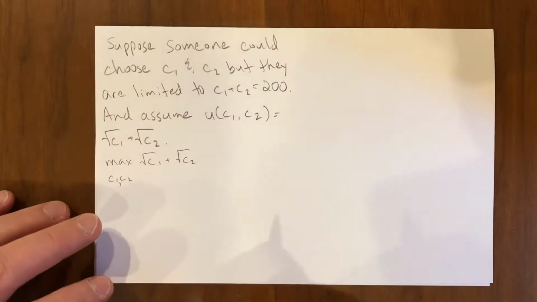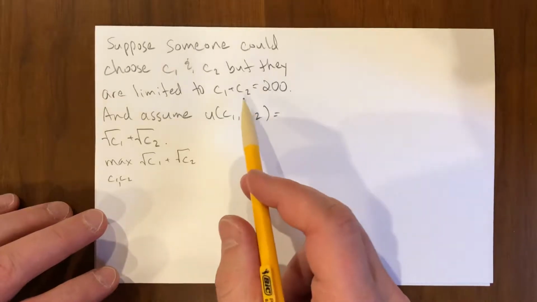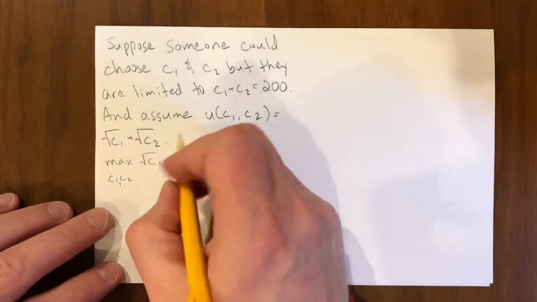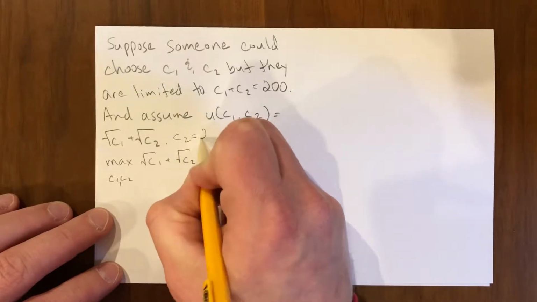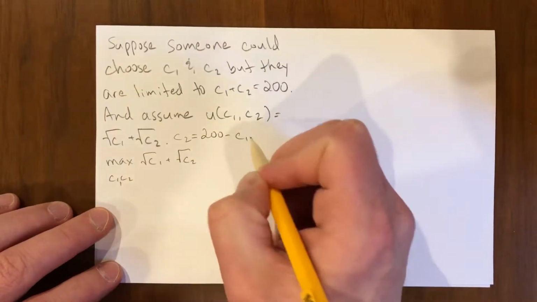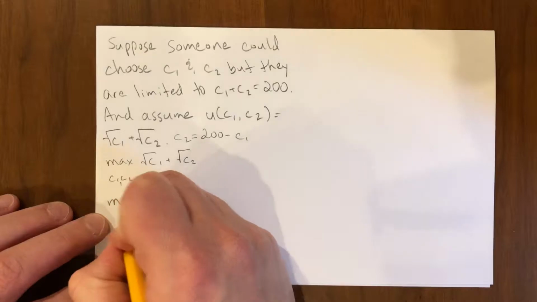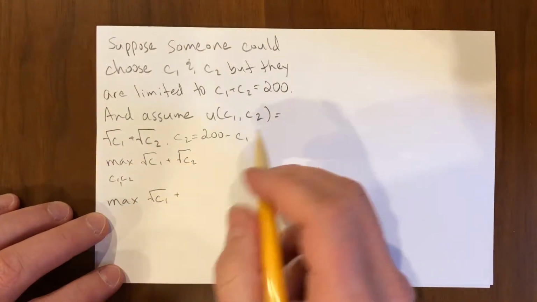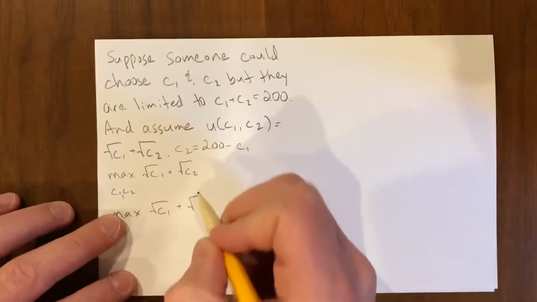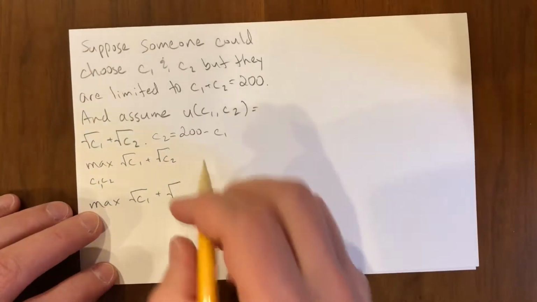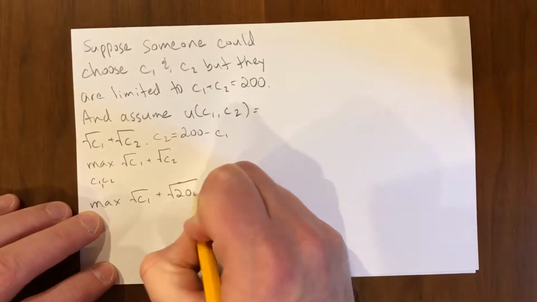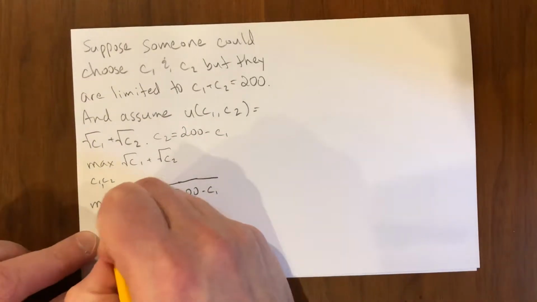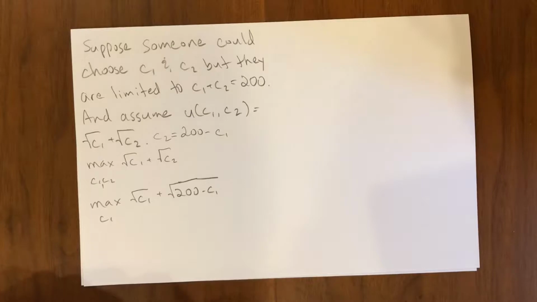So what we want to do here is to substitute for one of them, right? So we'll use the substitution right here. We'll say C2 is equal to 200 minus C1. So that means that we're now trying to maximize root C1 plus root 200 minus C1. And then we're just choosing a value of C1.